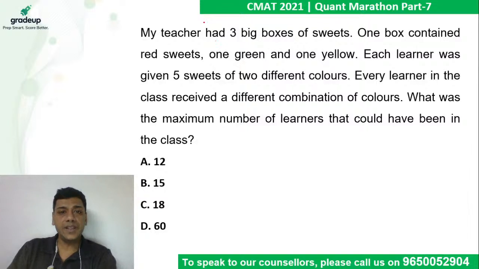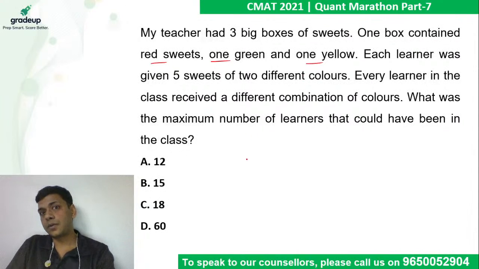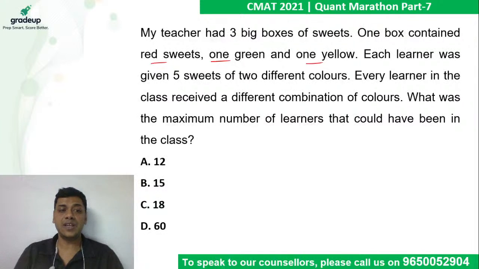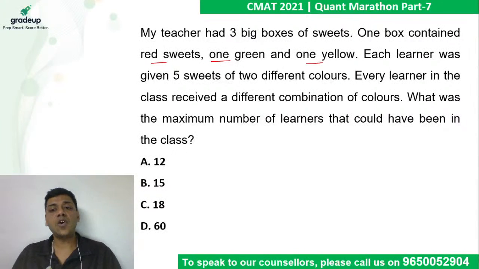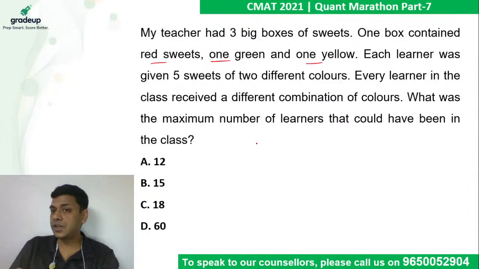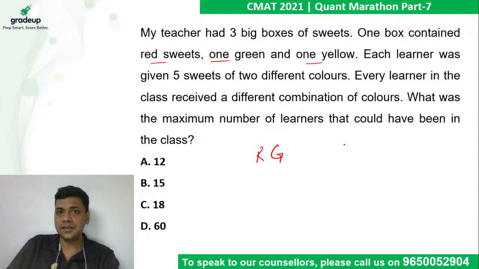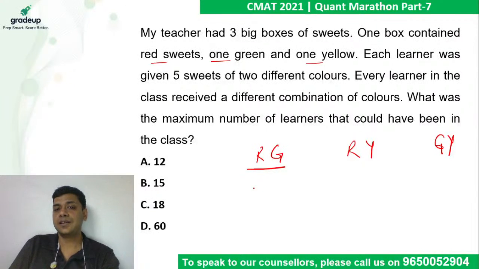Now when I say there are 3 sweets, red, green and yellow, whether I give the first or the second, all of them are the same. If everyone receives a combination of two colors of sweet, it is either red green, red yellow or green yellow. Now how many options do I have with red green?